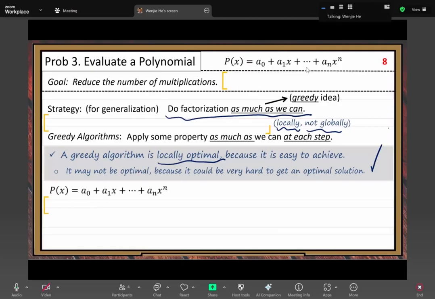So now, let us apply the greedy strategy. General form. Round by round. The first round, covering as many terms as possible. So we skip the first term.